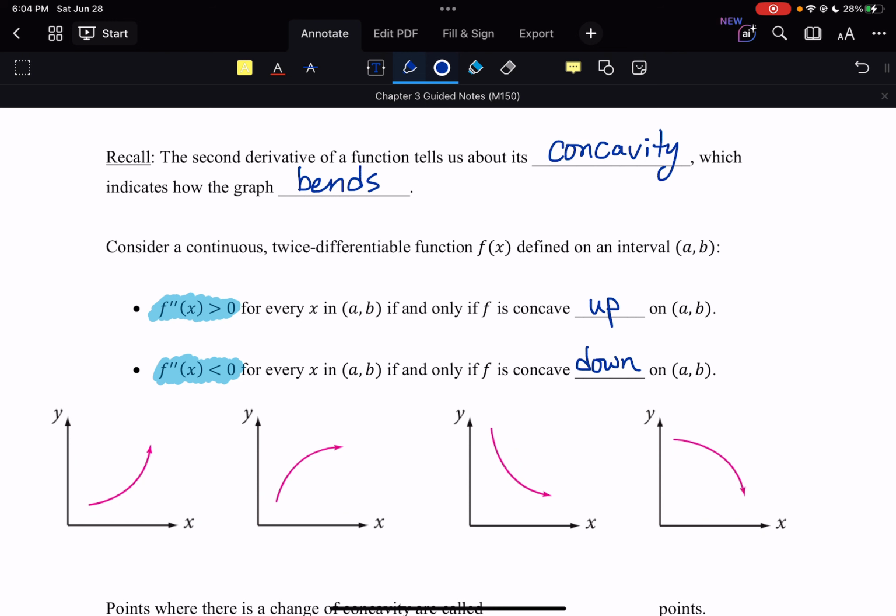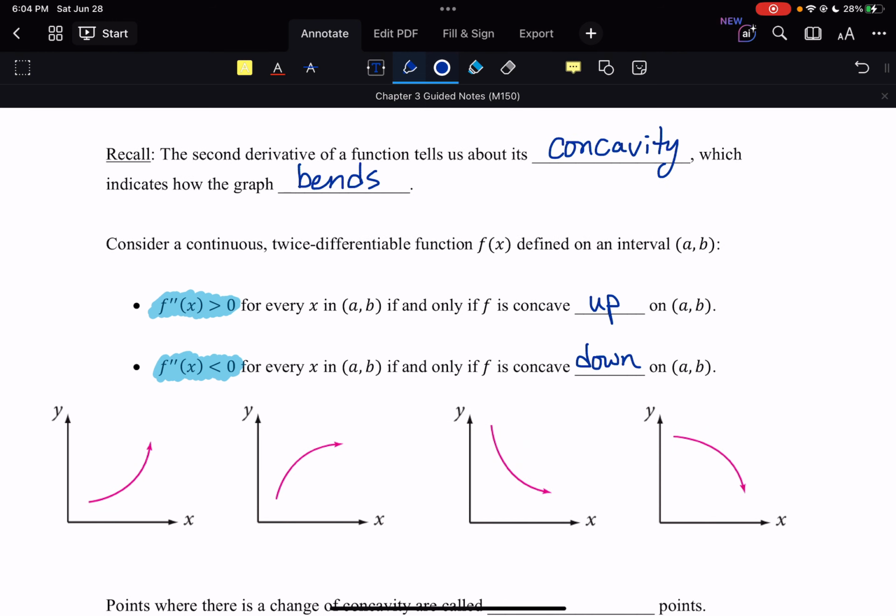So we have a few different examples of the types of graphs that we can see. This one is, of course, concave up, right? You can see the upward bend to it. This graph here is concave down. So notice both of these curves are increasing, right?